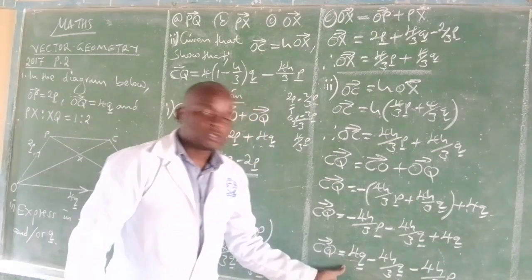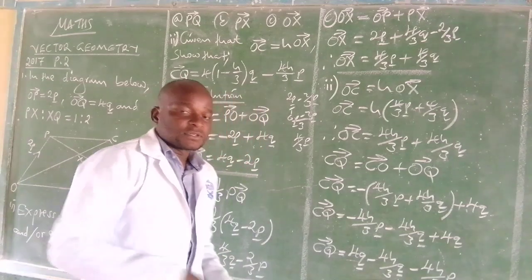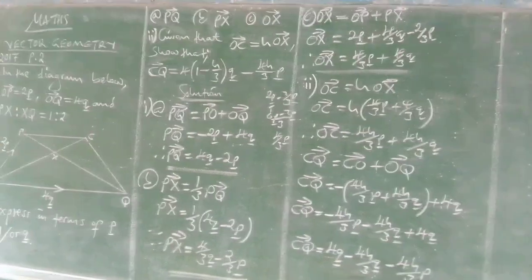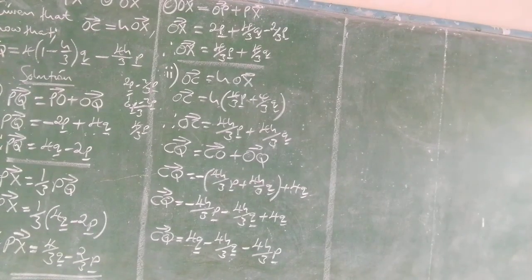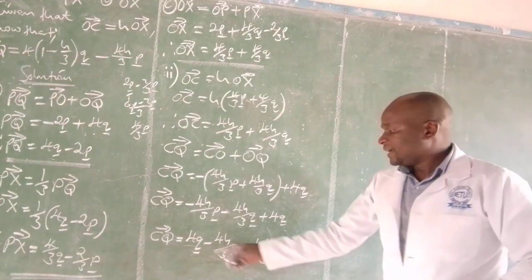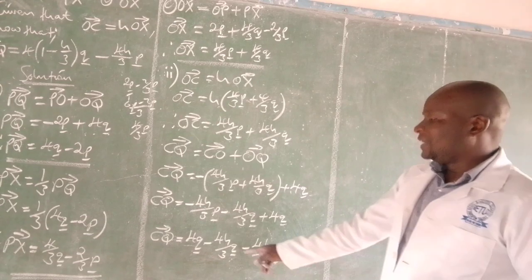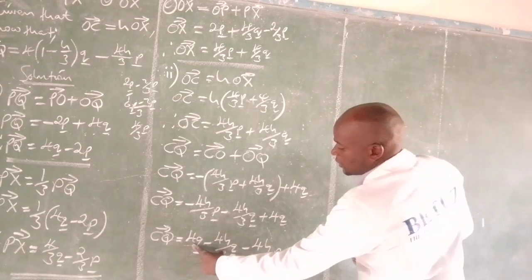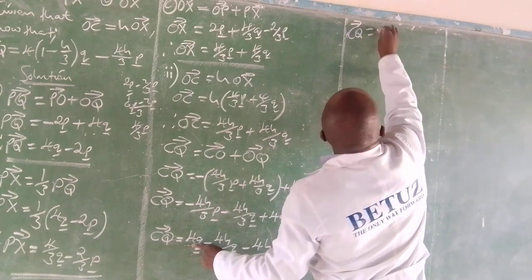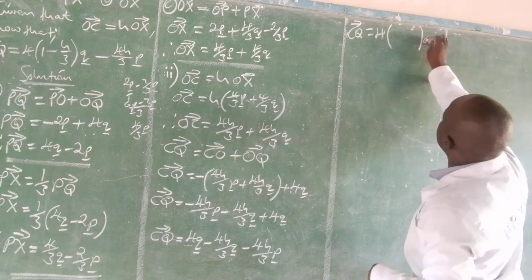At this point we will simply factorize because in here and in there we have like terms. We have 4 and Q common. When we're factorizing a vector, if a number and a letter are common, the number should be in front of the brackets and the letter should be behind. Because 4Q is common here, CQ will be equal to 4, we open and close the bracket, then we put the Q at the end.